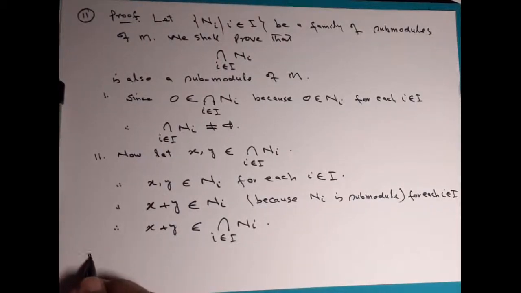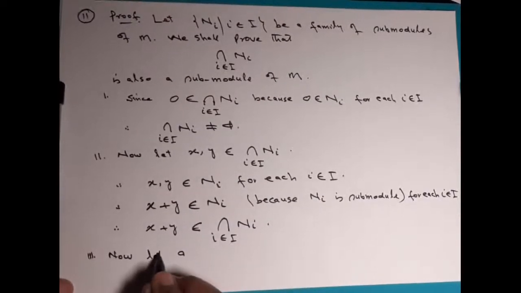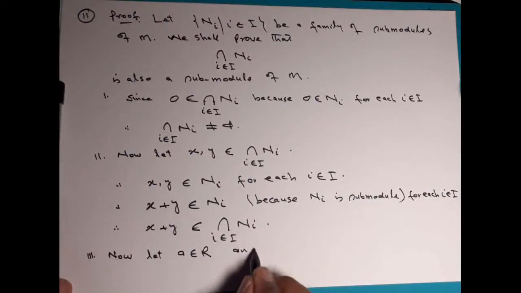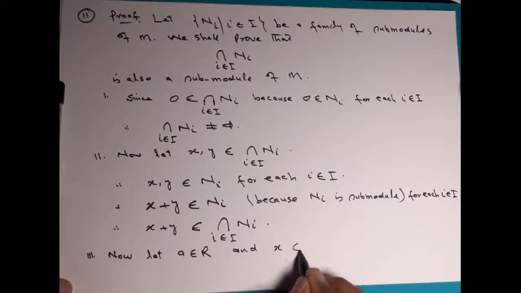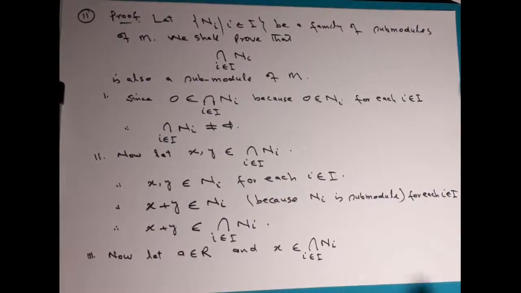Number 3, we have to prove that this intersection is closed under scalar multiplication. Now, let a be an element of the ring R and x be an element of this intersection of these submodules.